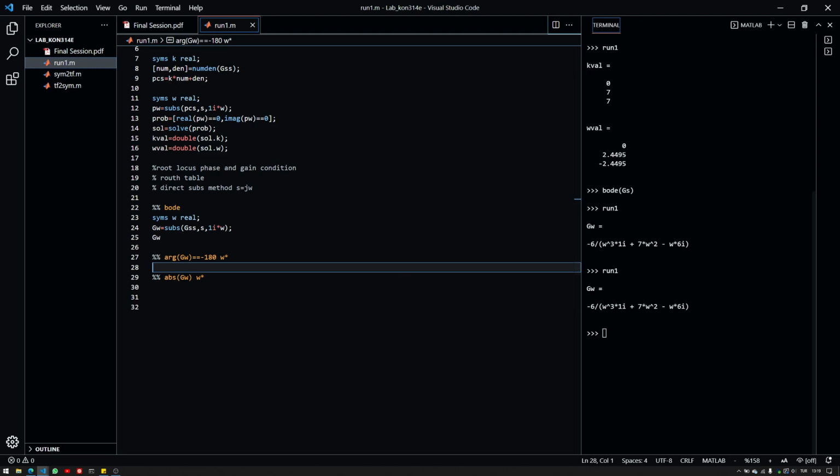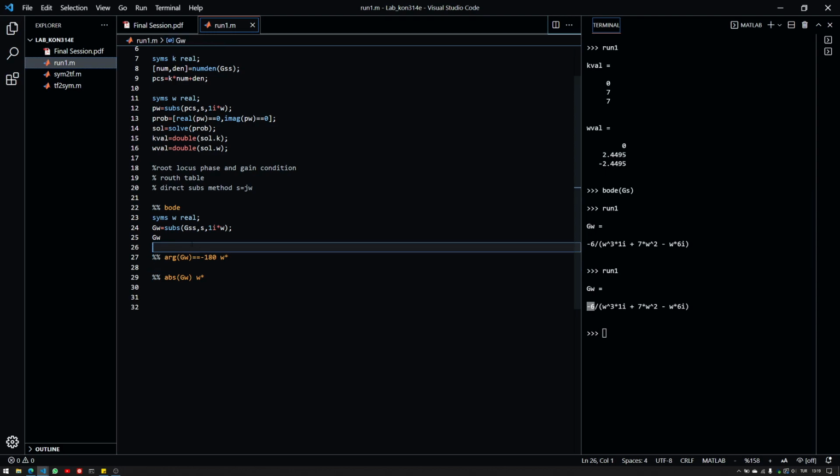Now, since this is basically a fraction, in order to calculate the argument or the angle of this, what I can do is, for example, calculate the angle of this. So G(s) here is this, minus j omega, I guess. Yeah, okay.